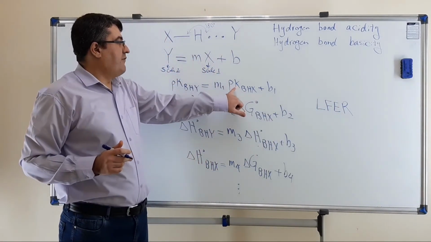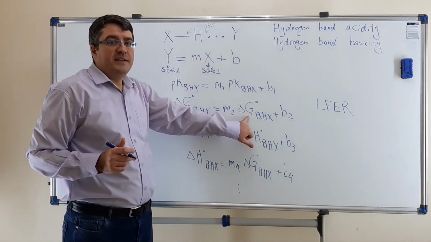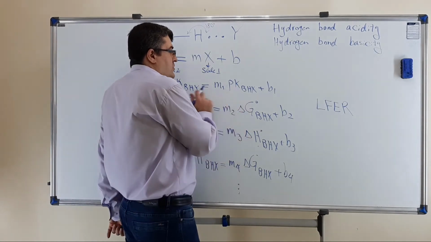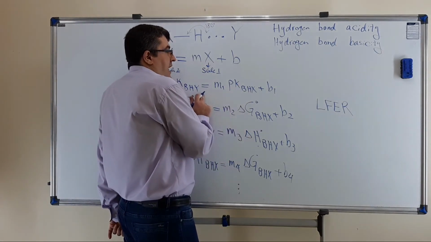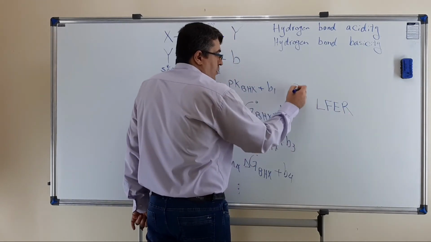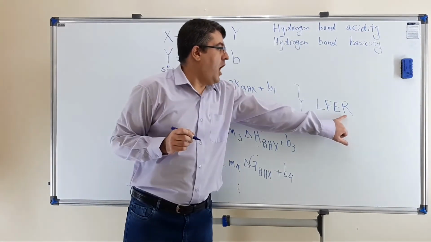Since values of pK and delta G are linearly correlated with each other, these also are considered LFER equations. So both of these equations are LFER equations.